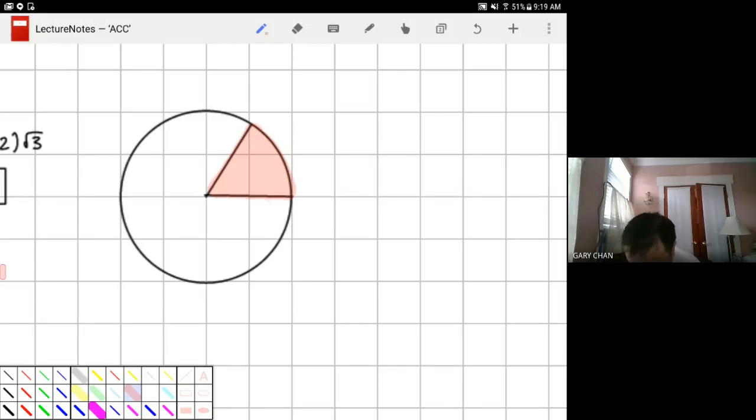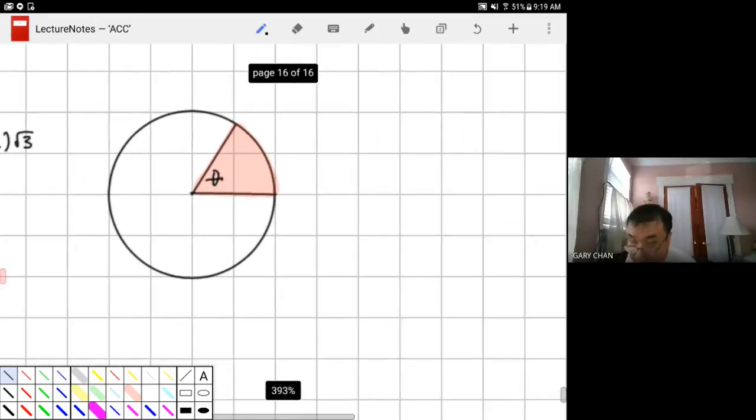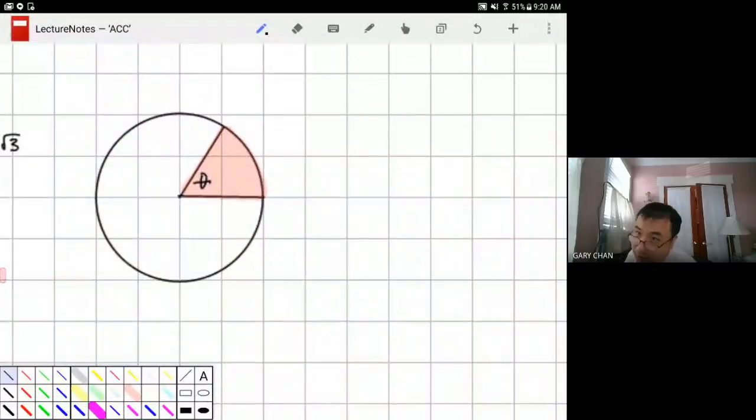Let's try to be a little more technical, a little more exact. Michael, do you remember what is the angle here? That is theta, but do you know what is the actual measure of that angle? No. We certainly do. I want you to think about it a little bit more.